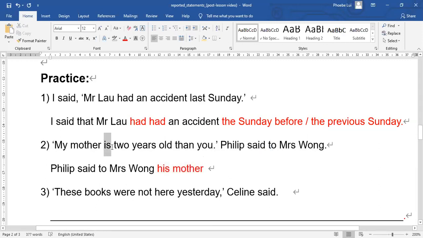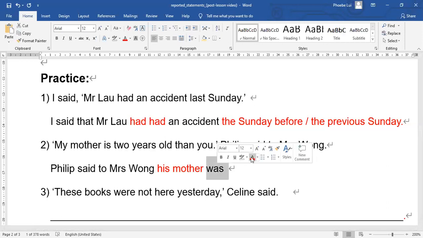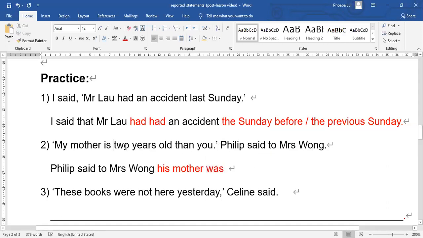Change the verb from is, simple present tense, to simple past tense was. 2 years older than, there's nothing you have to change. So just move it. And for the word you, that refers to Mrs. Wong, here you can use the pronoun her.